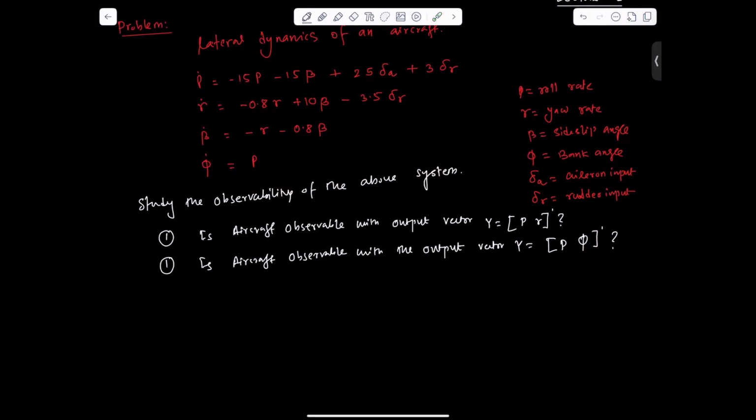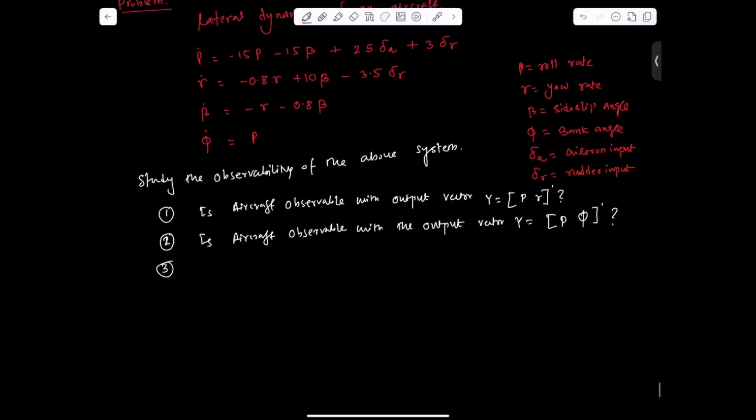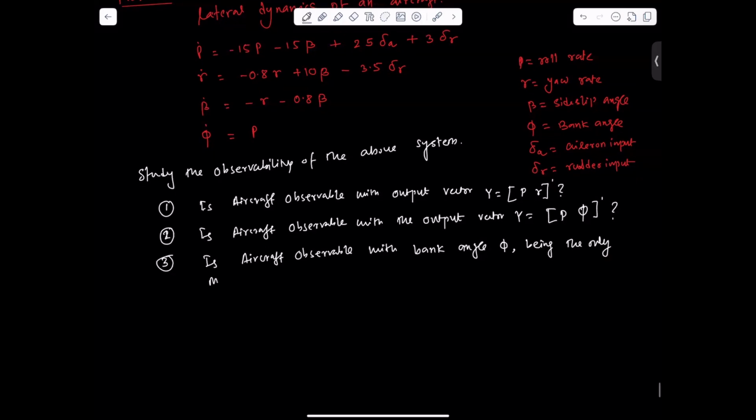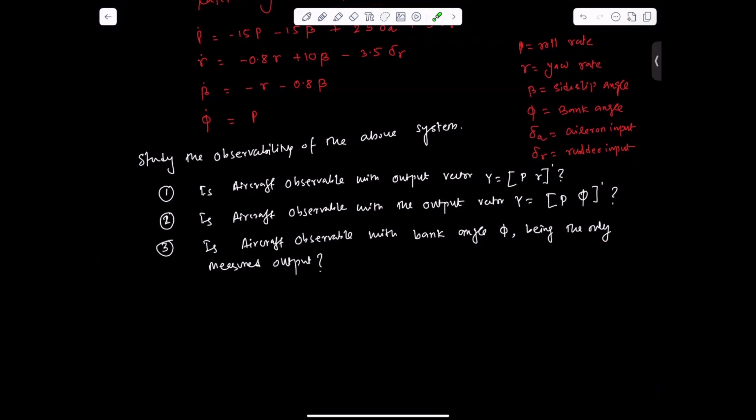This is the second question, and the third question is: is the aircraft observable with bank angle phi being the only measured output? In the output equation we only have bank angle.